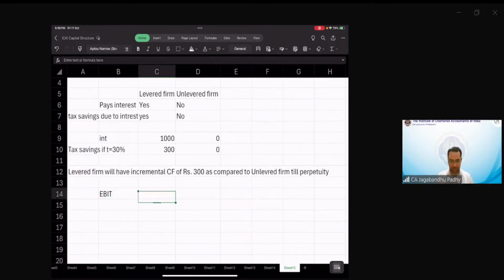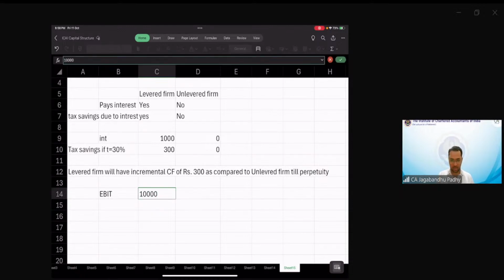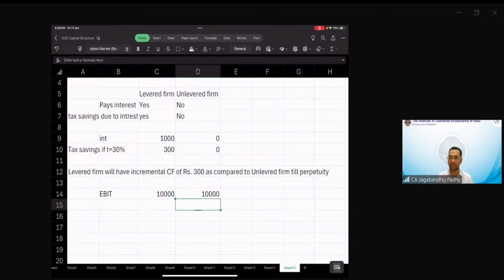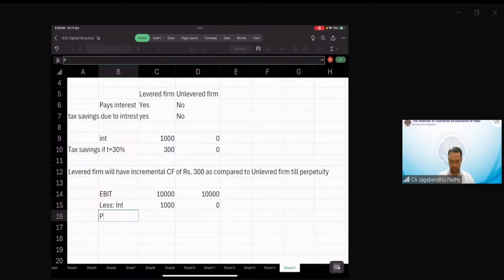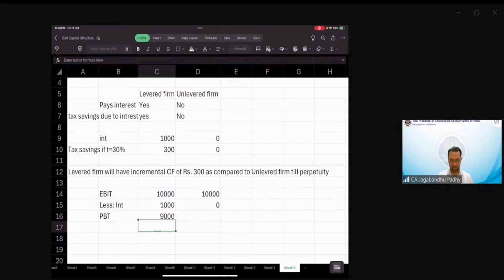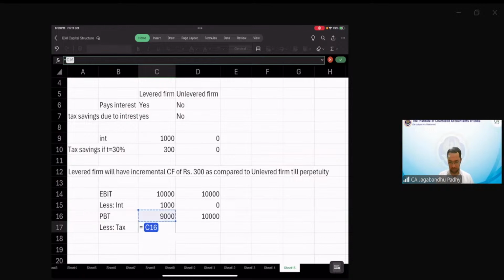For example, let me take the EBIT. Suppose EBIT is 10,000 in both cases. Now, from that, let's say you're paying interest. Interest is 1,000 for the levered firm, and for the unlevered firm interest is 0. So we get the profit before tax: 9,000 for the levered firm, and the same 10,000 for the unlevered firm. Now we need to pay tax, so let's say tax is PBT multiplied by 30%.